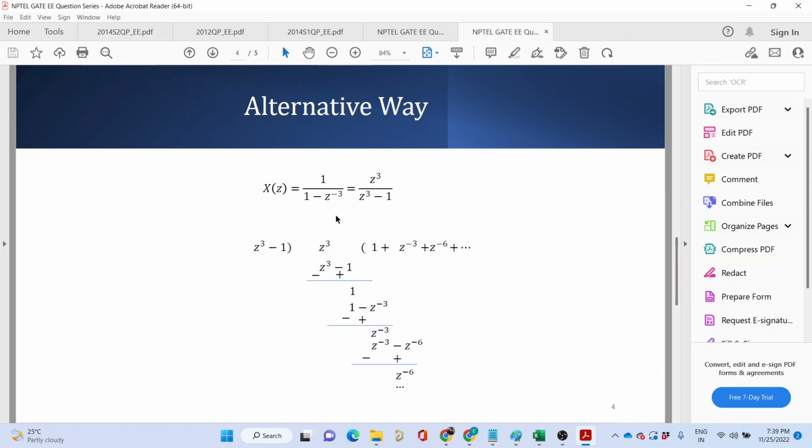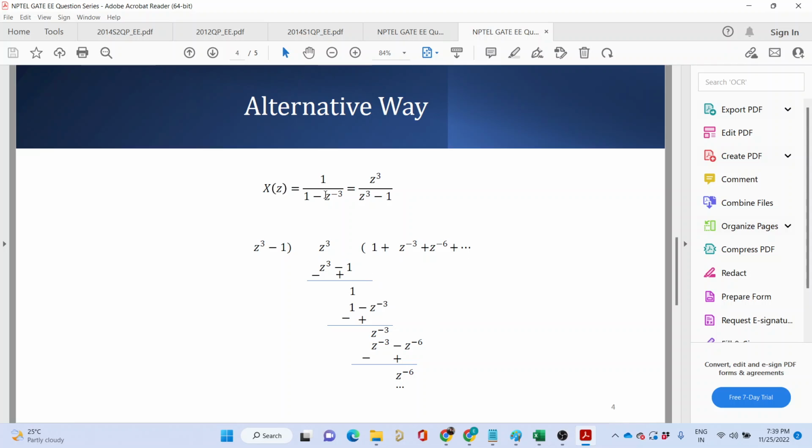Now divide z cube by z cube minus 1. You know the division method. You multiply with 1, you get z cube minus 1, then you subtract, you get 1, and then to remove this part, you multiply with z to the minus 3. In this way it goes on.